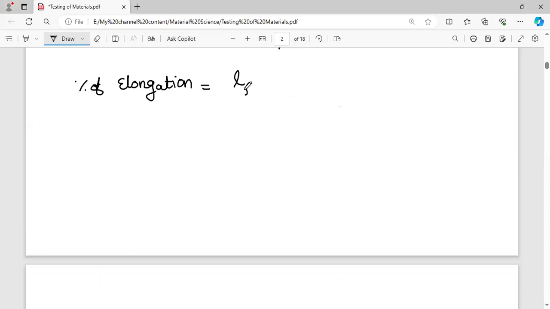Percentage of elongation is (LF minus L0) by L0 into 100 percent. That is, change in length by original length into 100 percent, where change in length means final length minus original length.